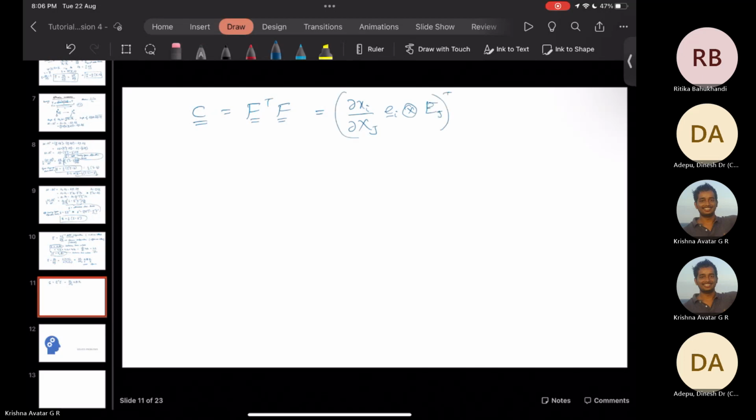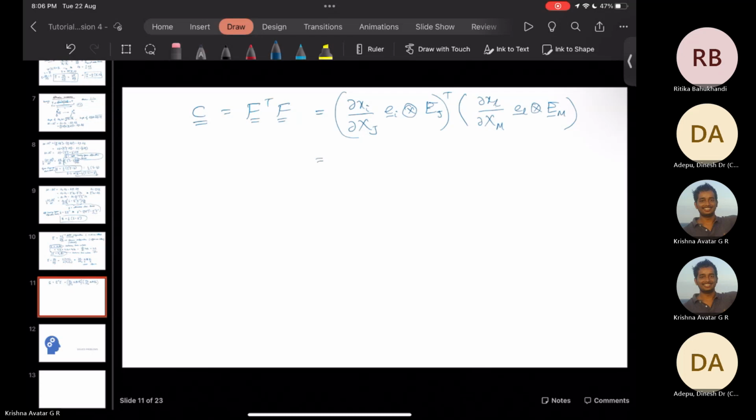You are taking the transpose and multiplying with, I'll introduce a small l, xl divided by capital XM, EL and then capital EM.